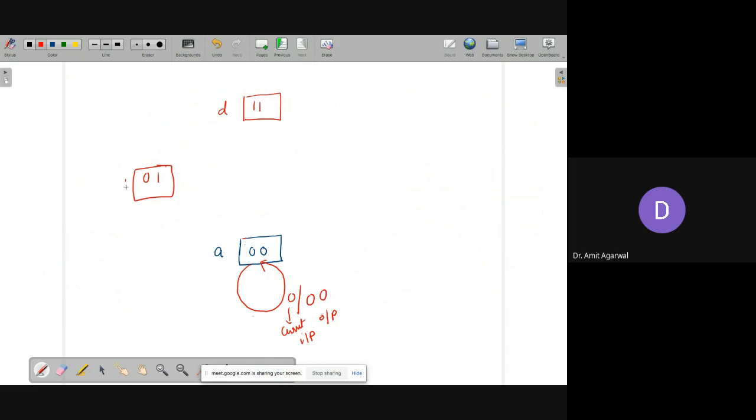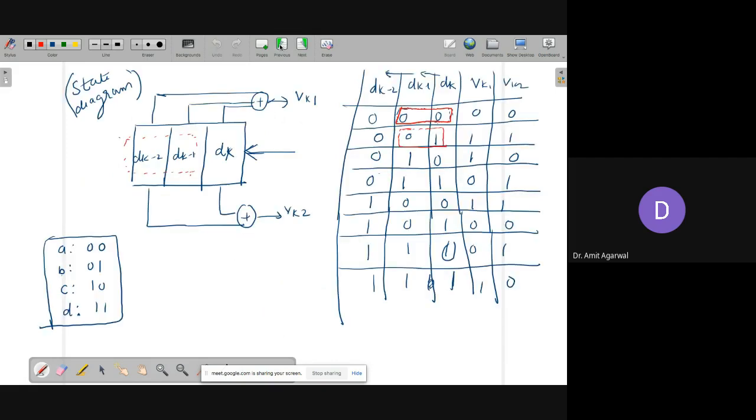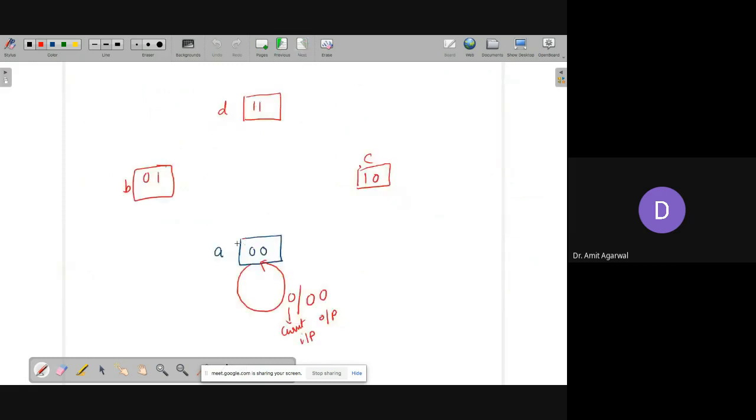We take 00 as A, 01 as B, and 10 as C, and 11 as D. So the output is 11 and the next state is 01 when 1 comes.